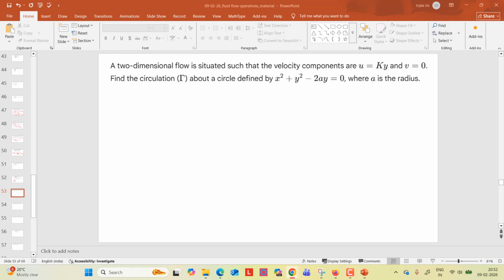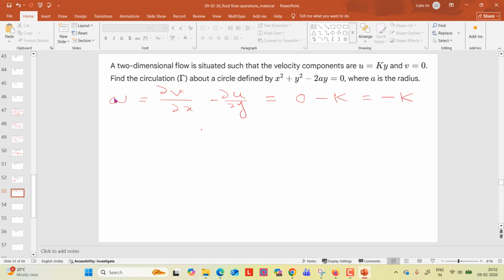So the omega z component is del v del x minus del u del y equals 0 minus k equals minus k, right? Then the determination of area.